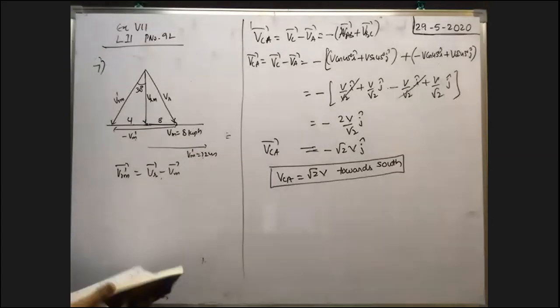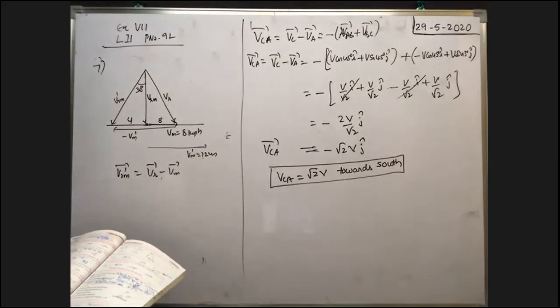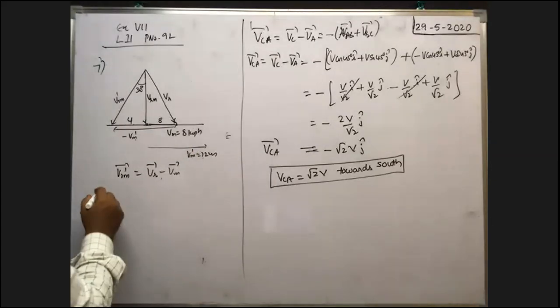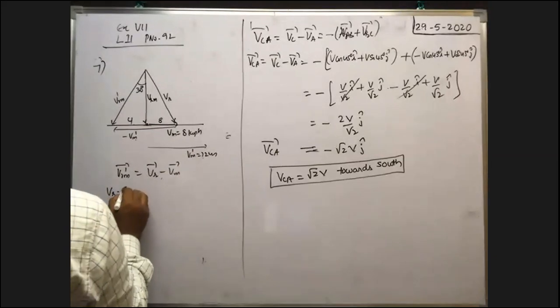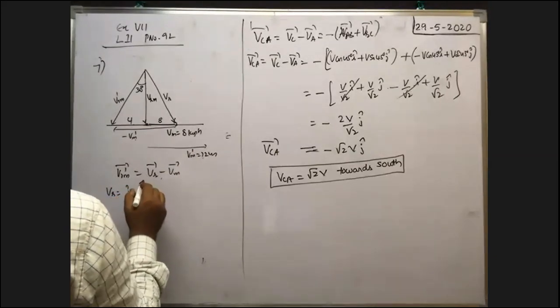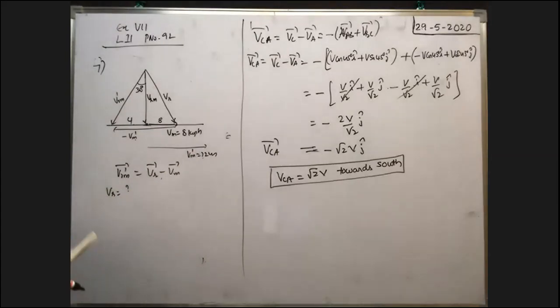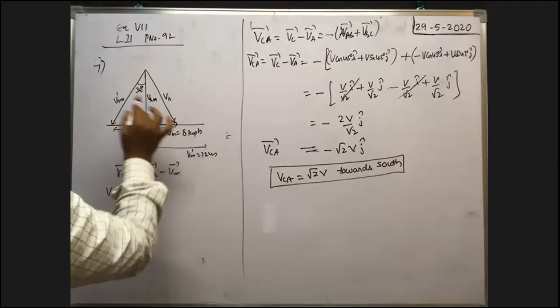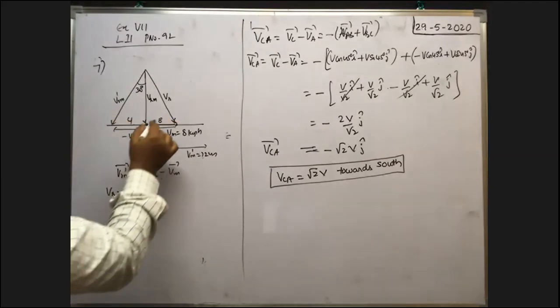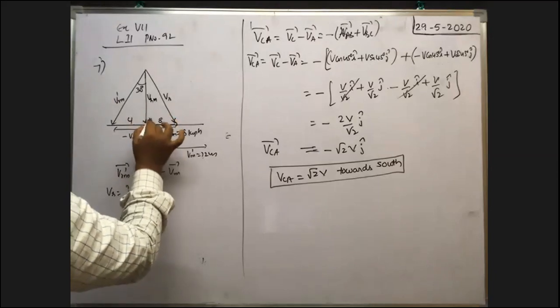Now from this diagram, what they asked is the speed of the rain. Speed of the rain, VR is equal to question mark. Next, the speed of the rain with respect to man, we have to find. How can we find it? I think VRM can be found now. Here it is VM.